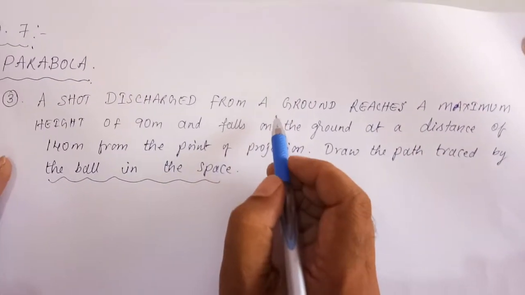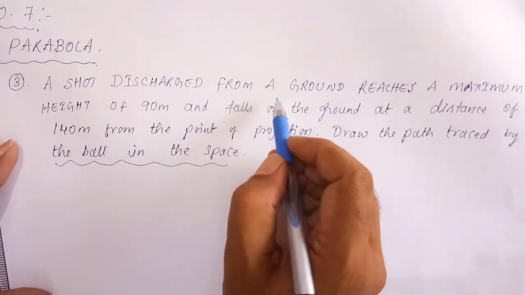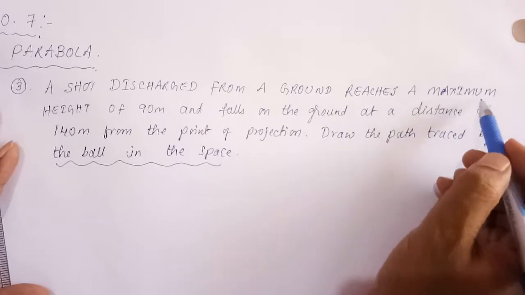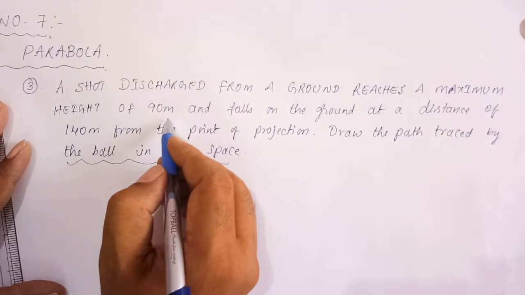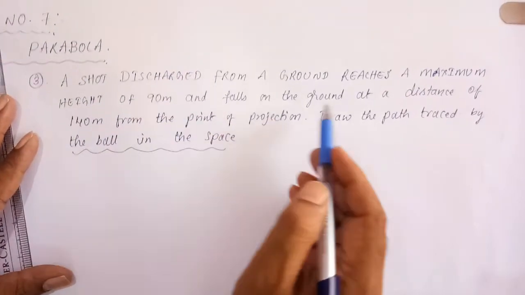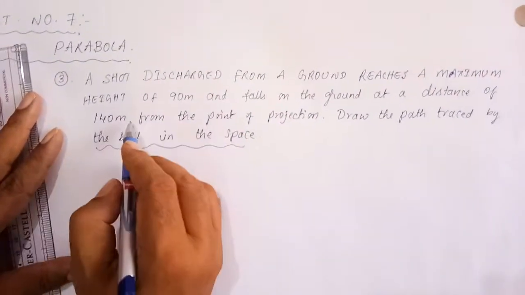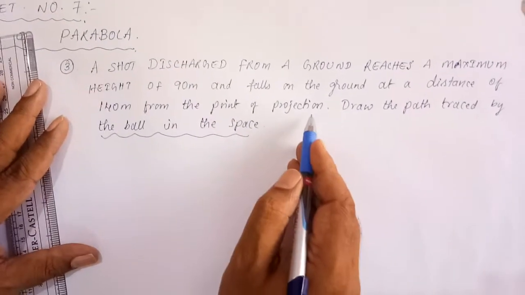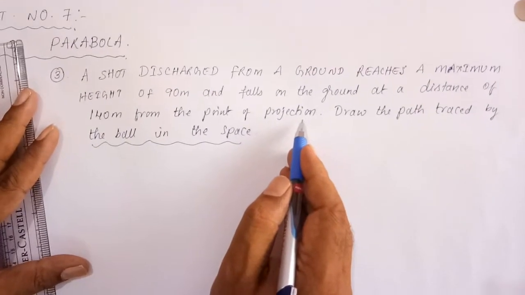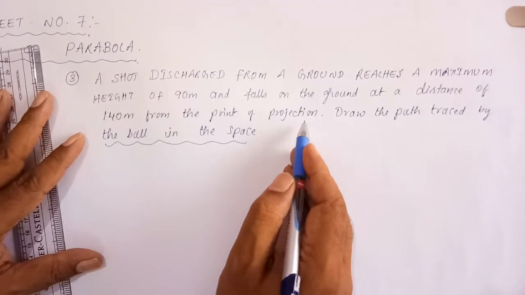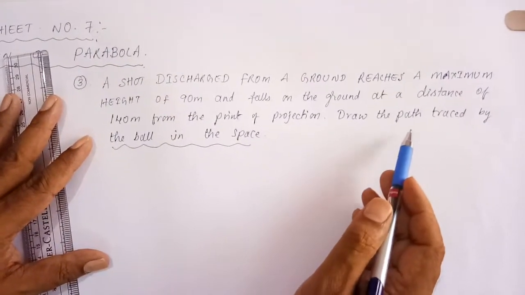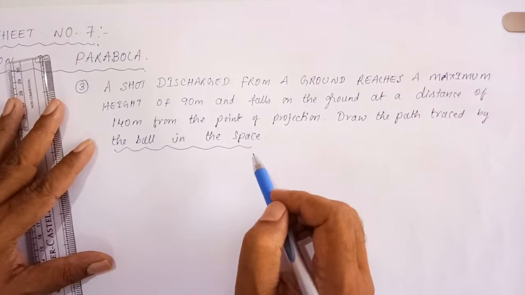That means a ball has been shot by a bat from a ground, and this ball reaches a maximum height of 90 meter and falls on the ground at a distance of 140 meter from the point of projection. Draw the path traced by the ball in the space.